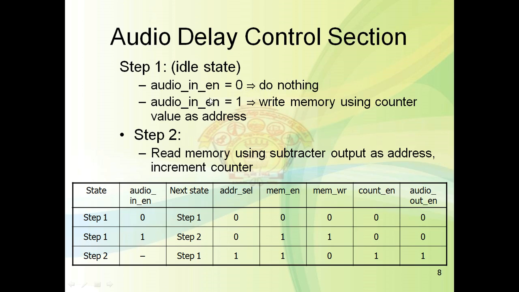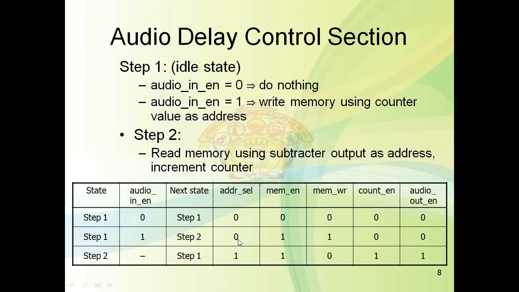That is shown here in step 1. If audio in enable input is 0, we remain in the idle state. If audio in enable is equal to 1, then we go to step 2, and we have to do the write operation.